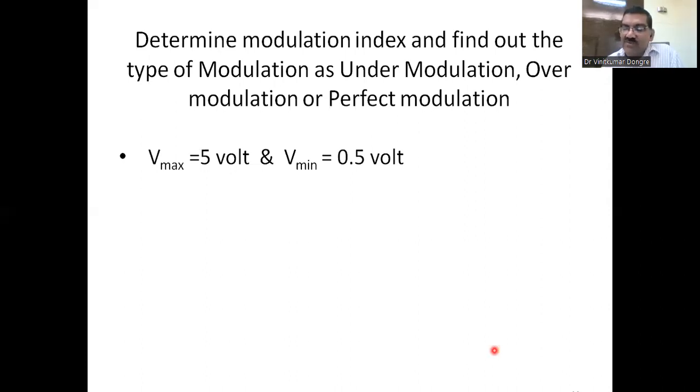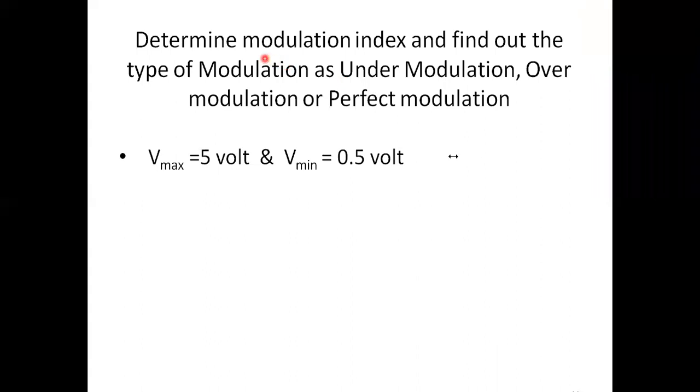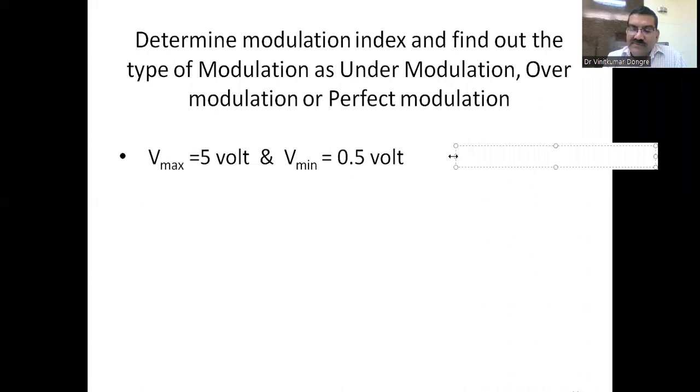If it is less than 1, is it over modulation or under modulation? Under modulation. Why under modulation? Because if it is more than 1, then it is over modulation.